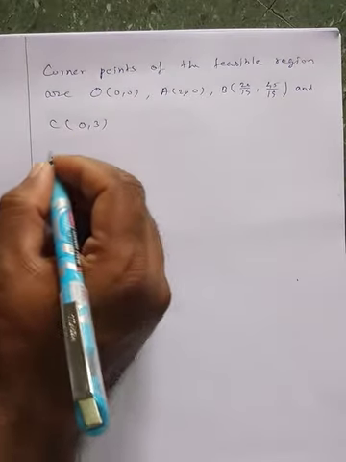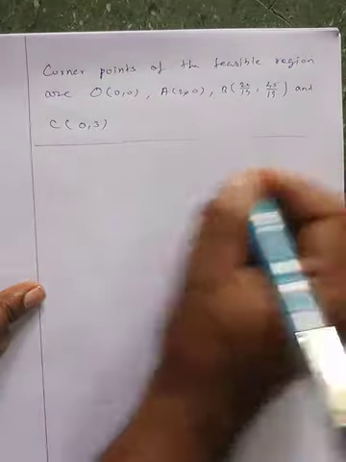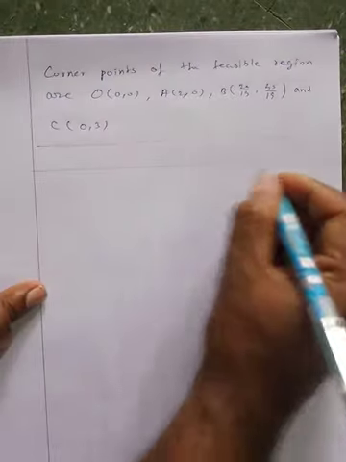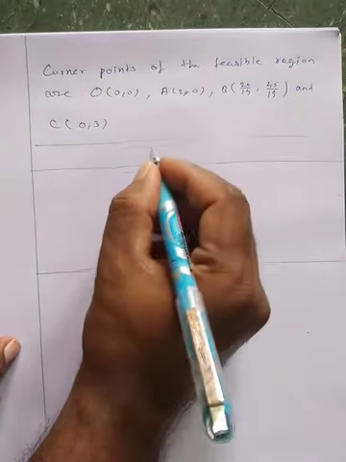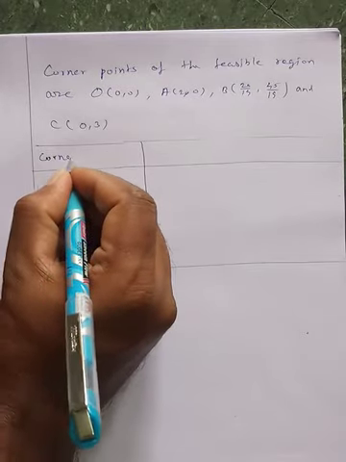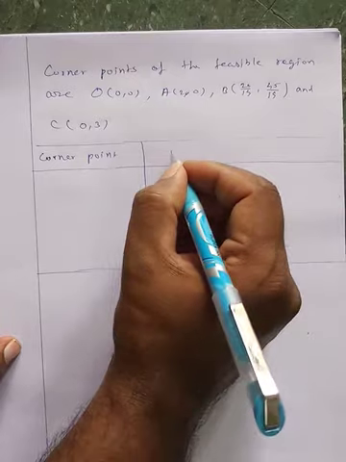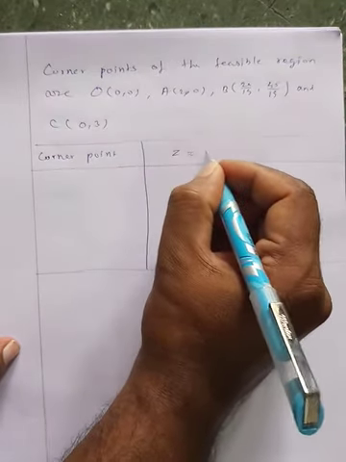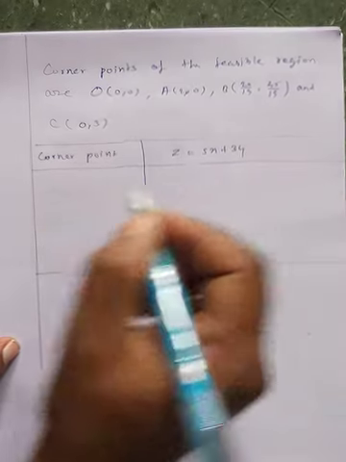Now find the value of Z at the corner points. 4 corner points are there. Find the 4 values of Z. Z is equal to 5x plus 3y.